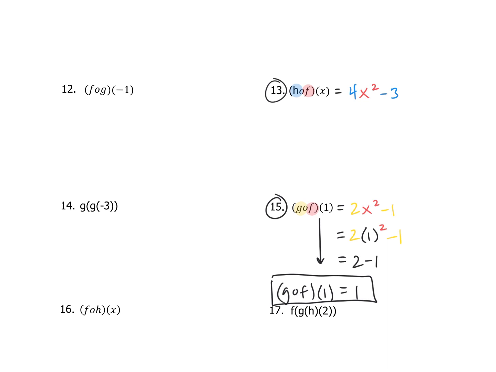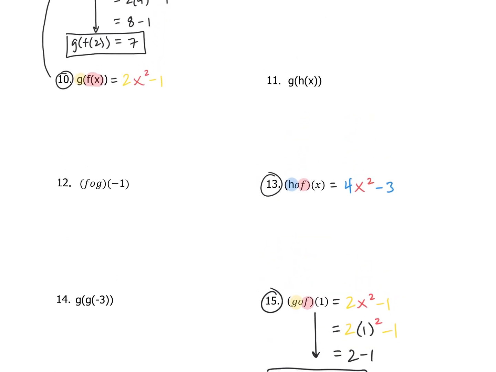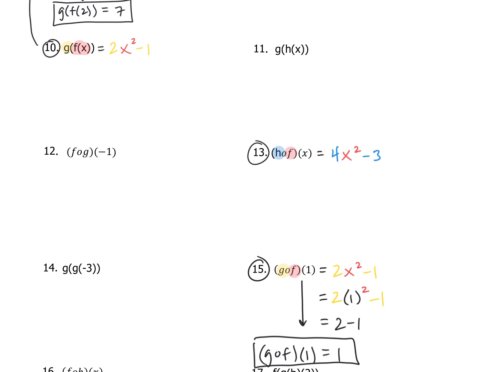And now I'm going to take it up a step further. If we go back up to number 11, we're going to see that it's not just as easy as inputting x or x squared into a spot. We might have to use the distributive property to help out with some of the work. So up here, we're inserting h of x into g of x.